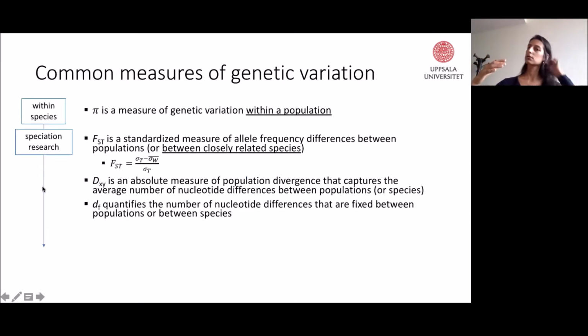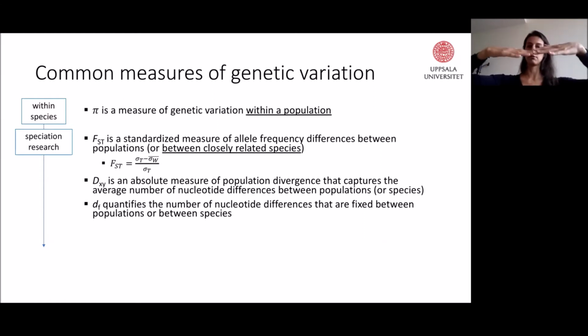If we start with population genomic analysis, we start with looking at genetic variation within one species or within one population, which is assessed by the measure pi. And every other statistic, like the sweep statistics, are also within species.